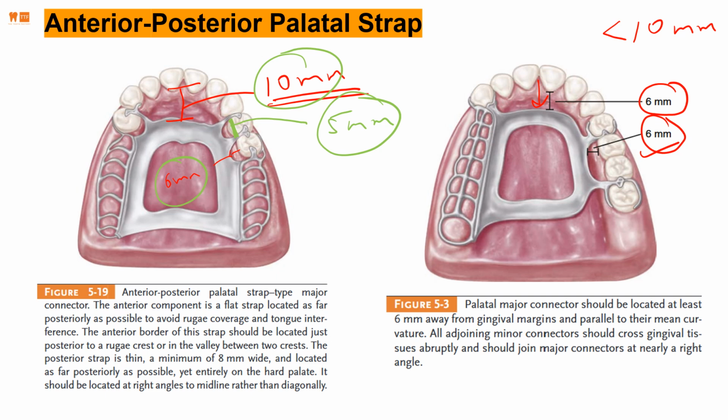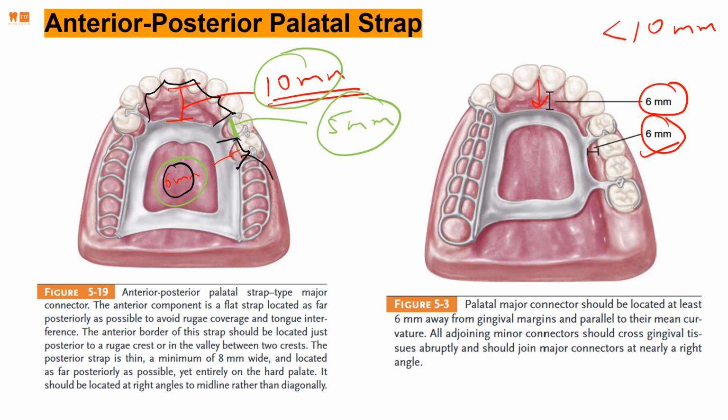What type of modifications? Well, think of it this way. If this is less than 10, then the rugae are being compromised partially. So what we're going to do is take this and cover the cingulum. Okay? If, for example, this is less than 6 millimeters in height, which is easy to control, but say if it is, then we need to have a lingual plate.